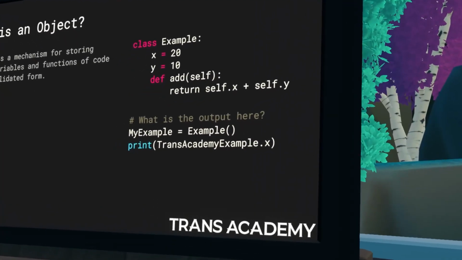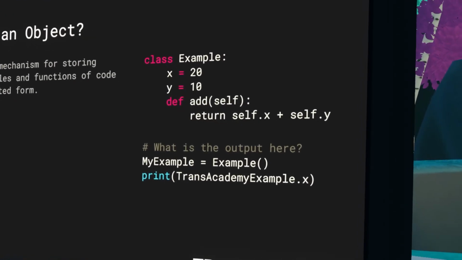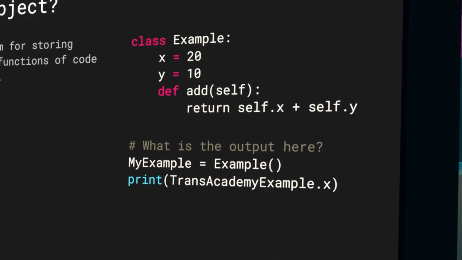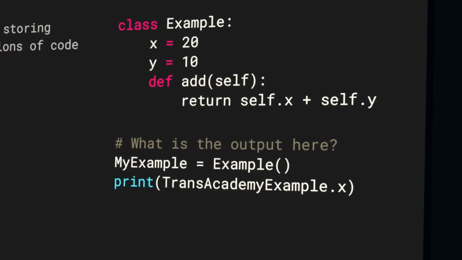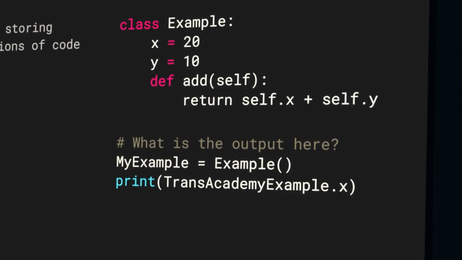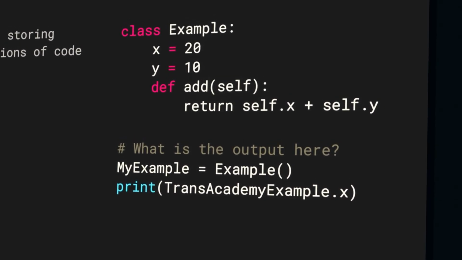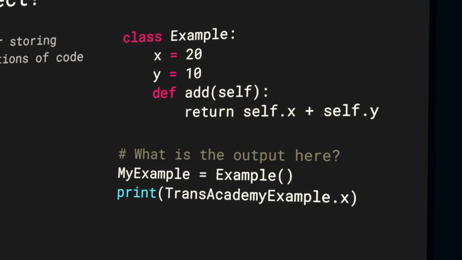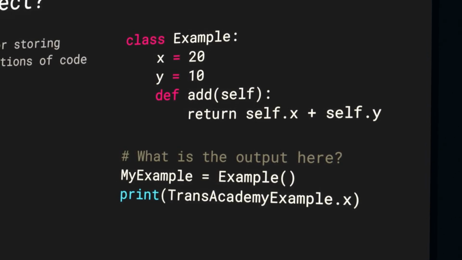Self.x is 20. Self.y is 10. Self in this case being a keyword. My apologies. For context, self here is a keyword that's used to define if I'm accessing something internally within my class, right?